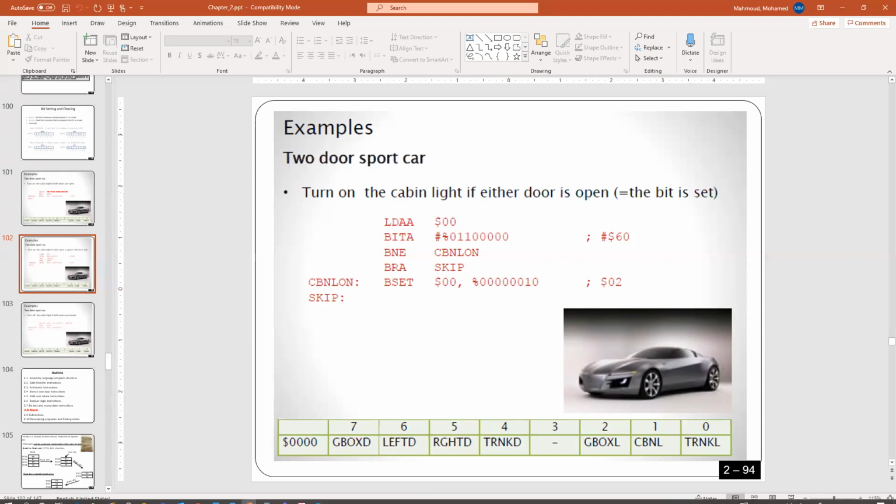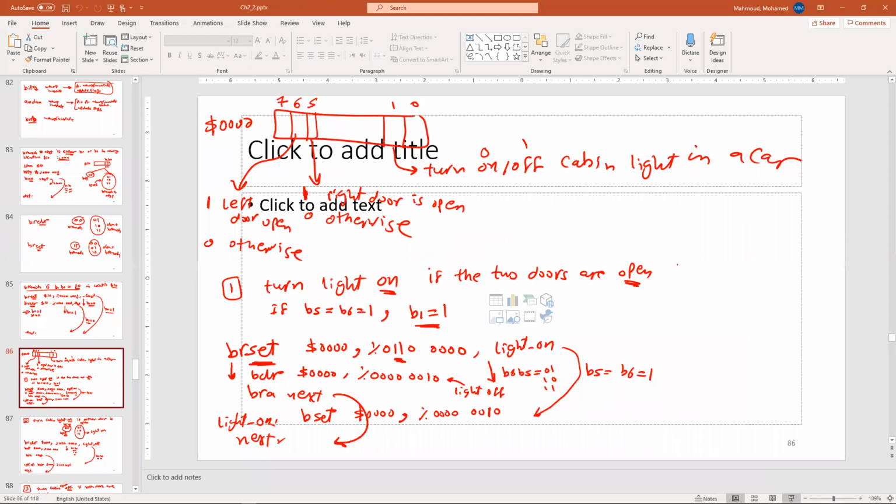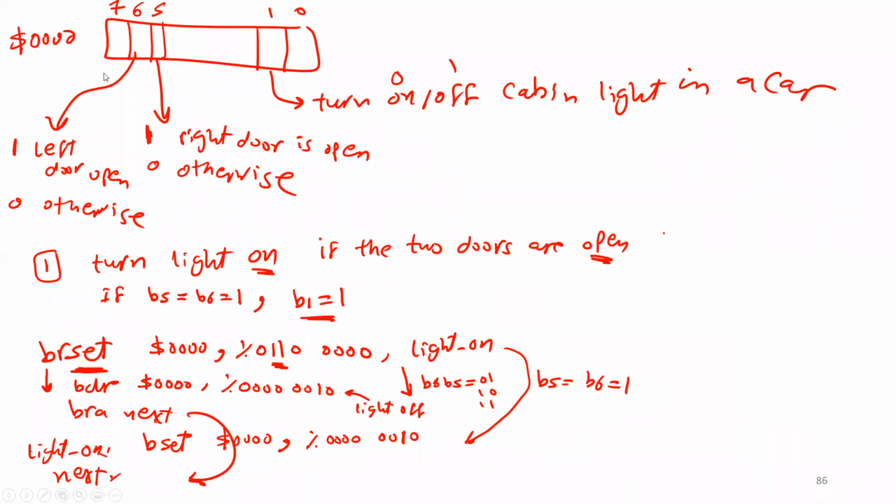So let me explain how it works. Look, guys, this is a byte at memory location 1000. I told you these two bits I can check.